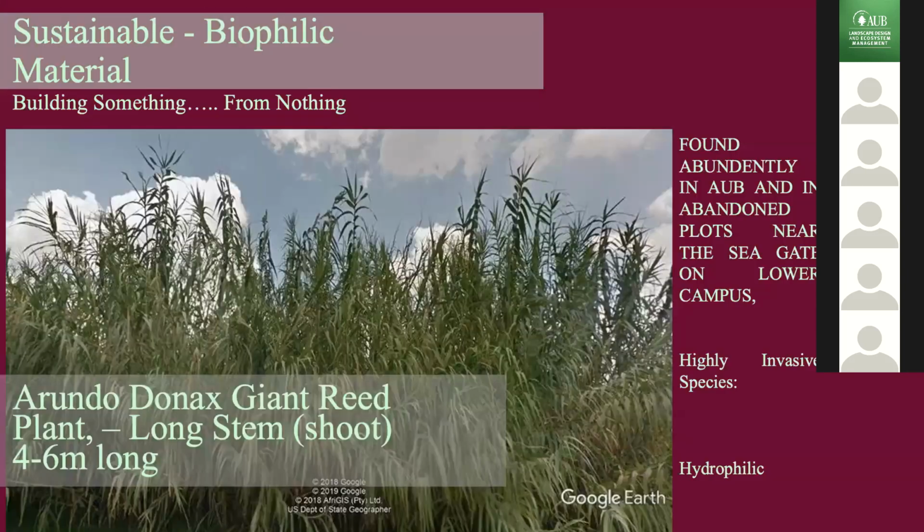Another biophilic design intrusion to the whole storage unit was Arundo donax, which is a giant reed, and it's an invasive species, very abundant within the Beirut region, even here in the Ain Mreisseh region.